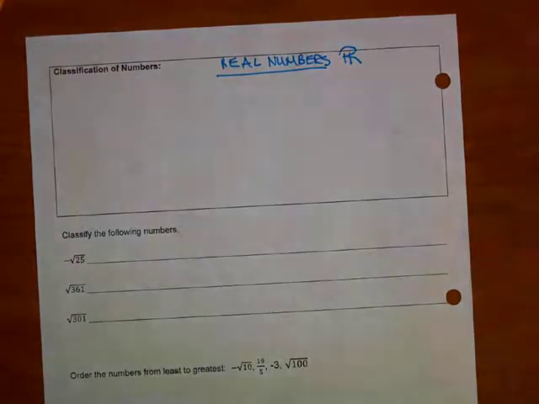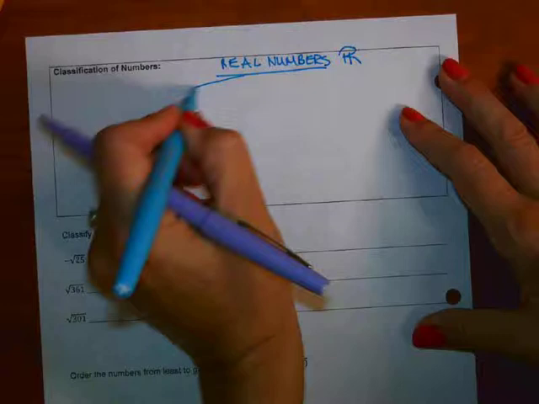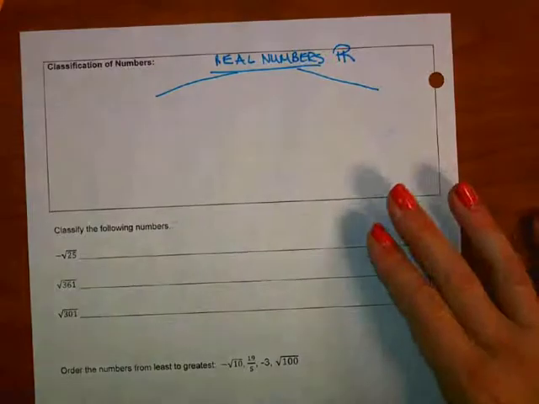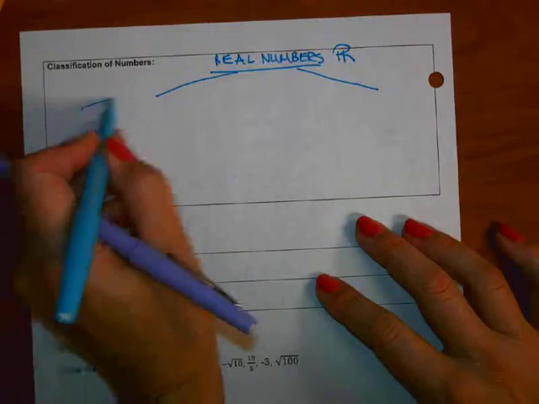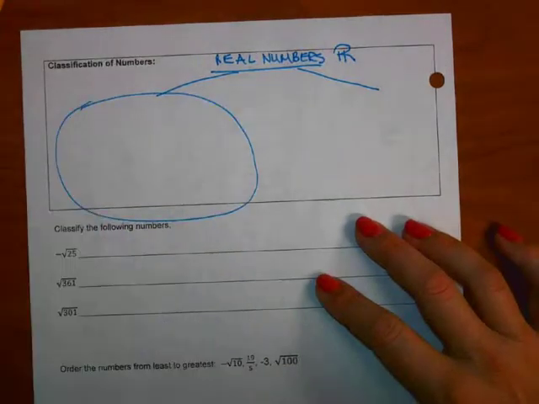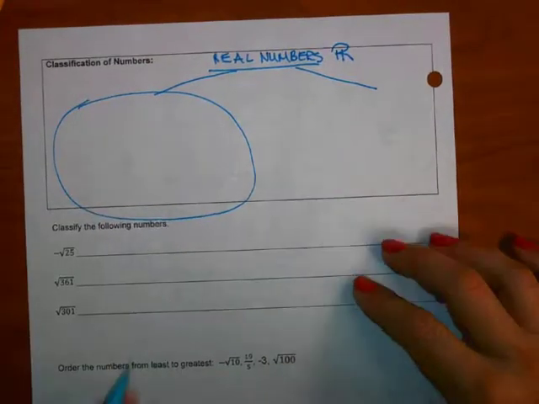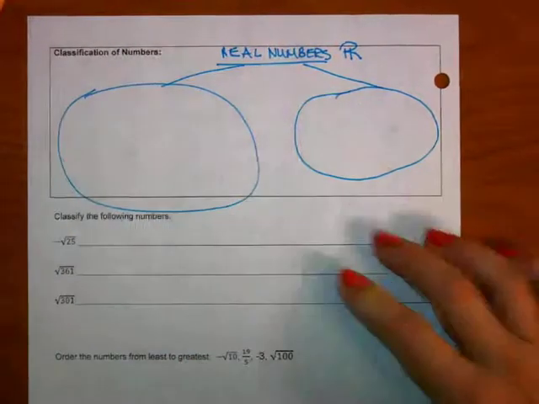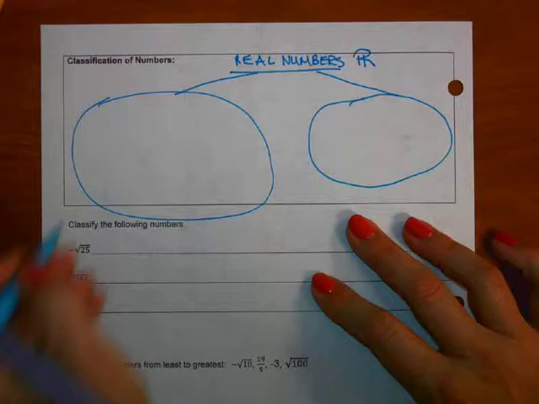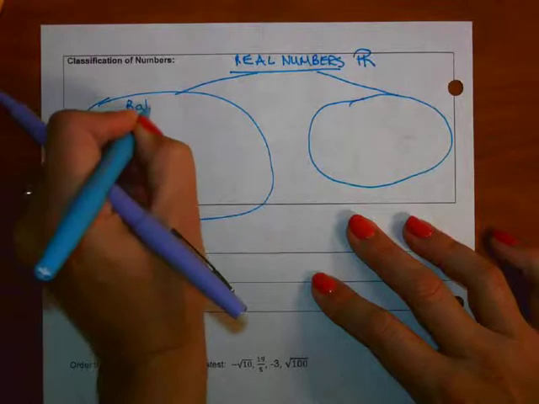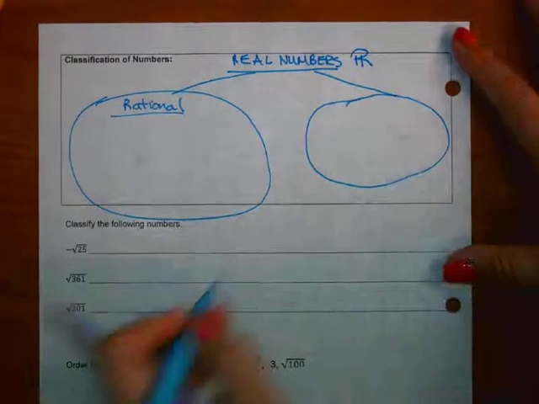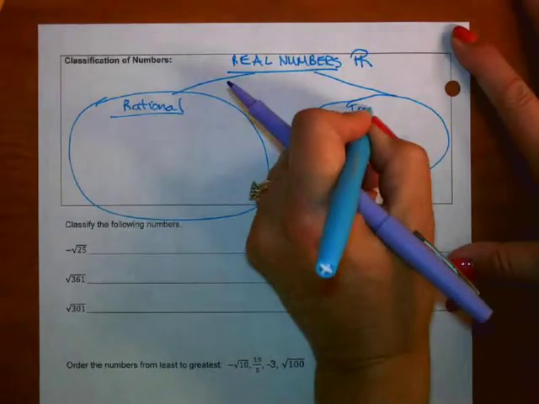Now, we have 2 types of numbers you guys are working with. So draw 2 little lines like that, and then a big circle here. This one can be smaller. On the top of this one, I want you to write rational numbers, and on the top of this one, irrational.